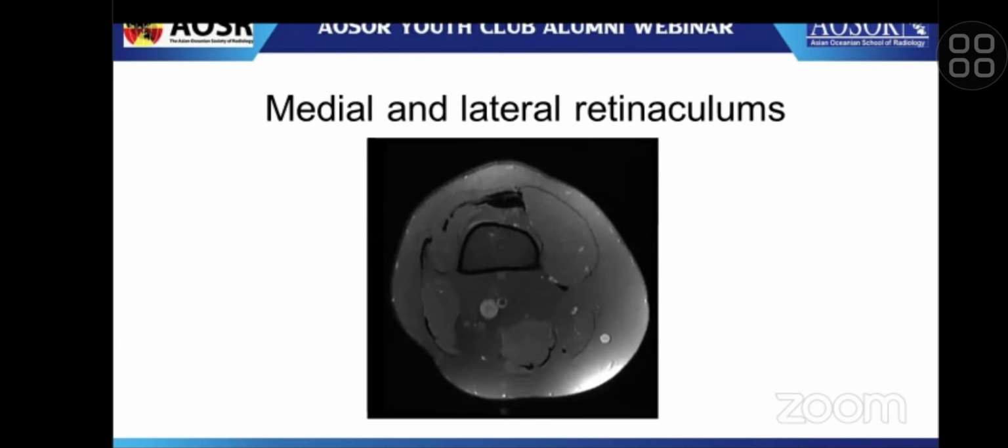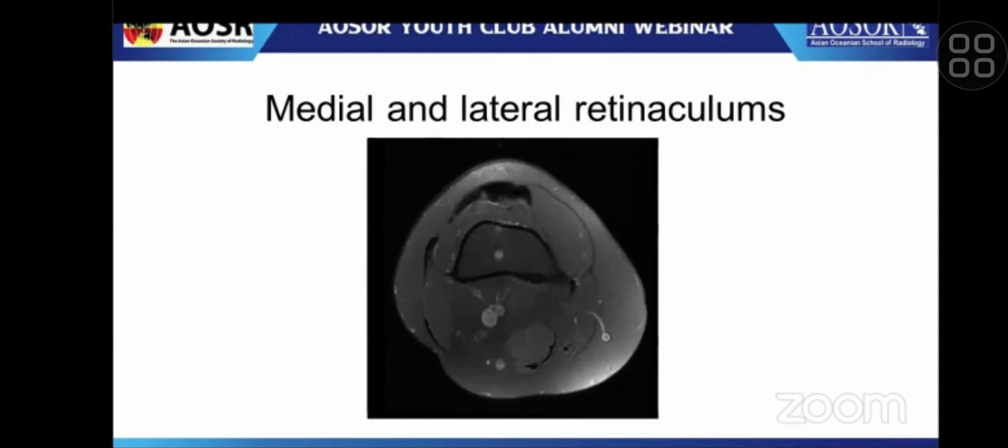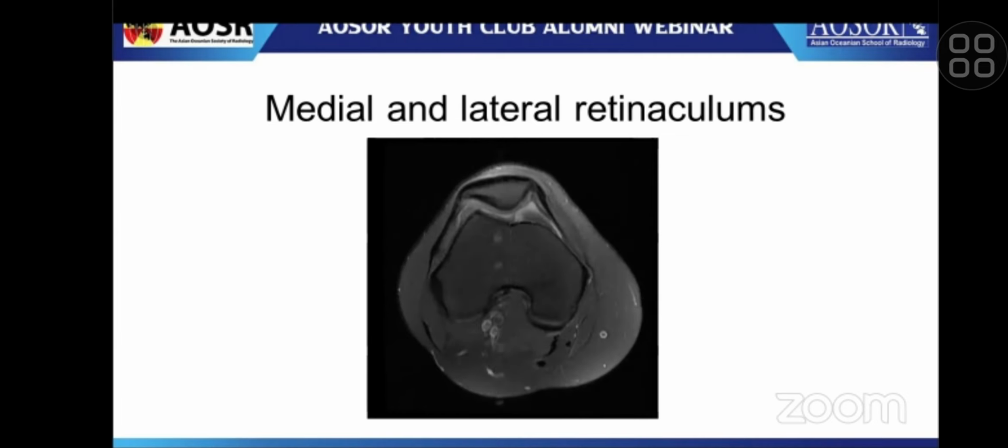And the next ligaments are the medial and lateral retinaculums. We have two retinaculums. They are the most important stabilizers for the patella, and they originate from the lowest fibers of vastus medialis, sartorius, and medial collateral ligament.